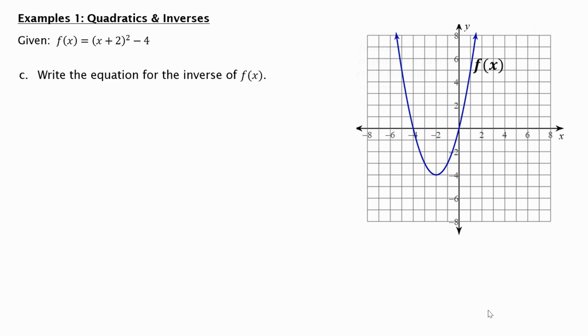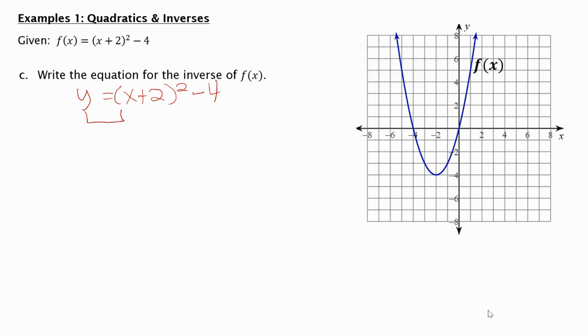In part C, we're going to write the equation for the inverse of f of x. For this problem, we have f of x equals (x plus 2) squared minus 4. We're going to solve this the same way we did our other inverses. We replace the f of x with a y, and we swap the x and the y.